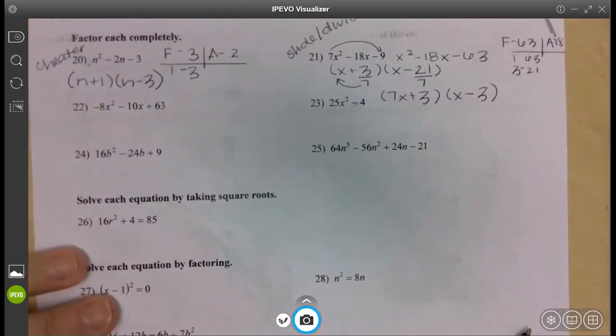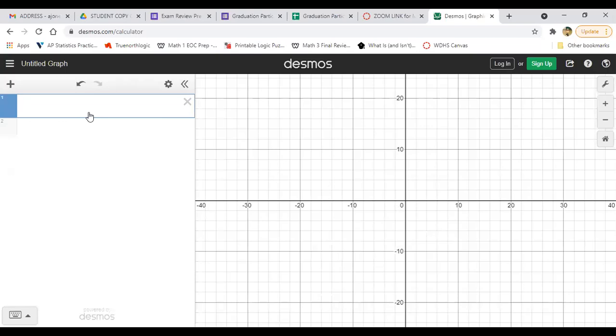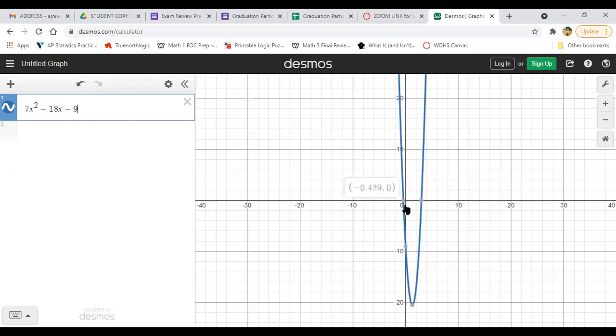I'm going to show you something real fast on Desmos so you guys can see. Watch this. Let me do the one we just did. 7x squared minus 18x minus 9. The two numbers that you have right here, this crazy -0.429, I'll talk about that in a minute, and this one is 3.